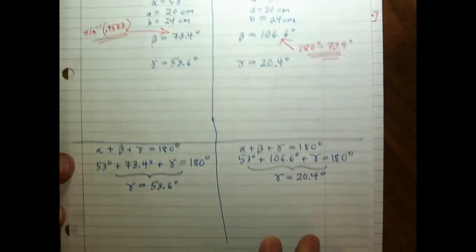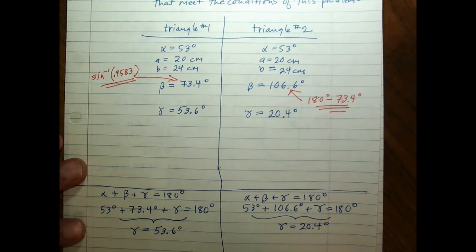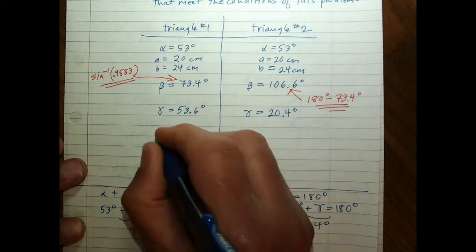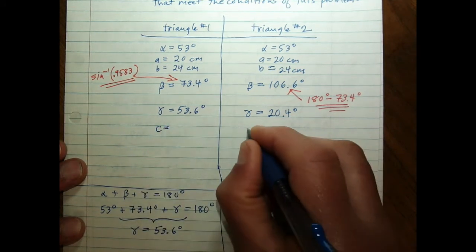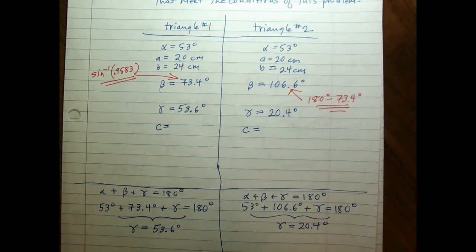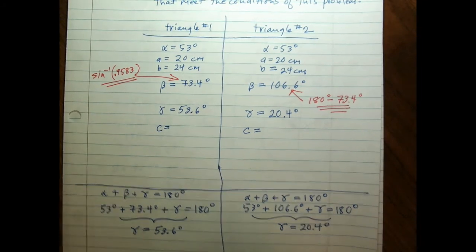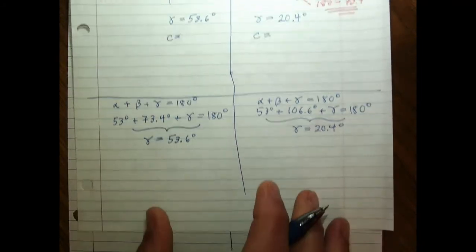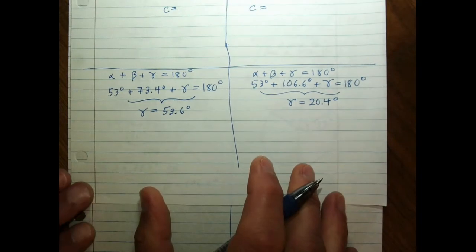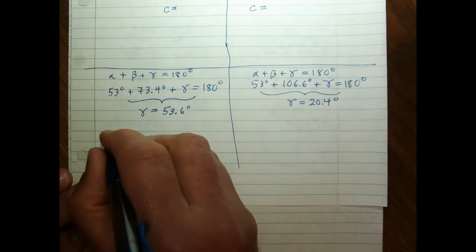And now what do we have? In our answer, we have alpha, beta, gamma. We have the angles, we have sides A and B. We still need to figure out the C side for both of these. And that's going to take a little application of the law of sines in each case.